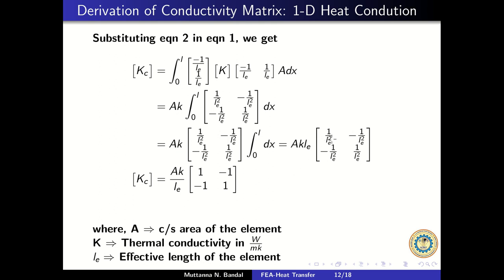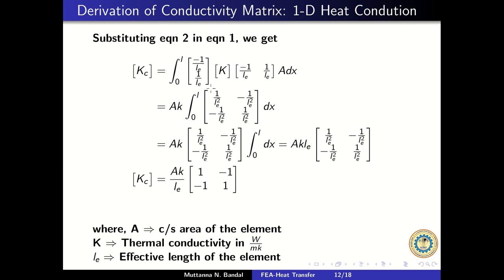So I can cancel one of the LE and write it as A into K by LE, or if I take the common LE square outside, I can cancel one LE and I'll be getting this term: A into K by LE into the matrix 1, minus 1, minus 1, 1.